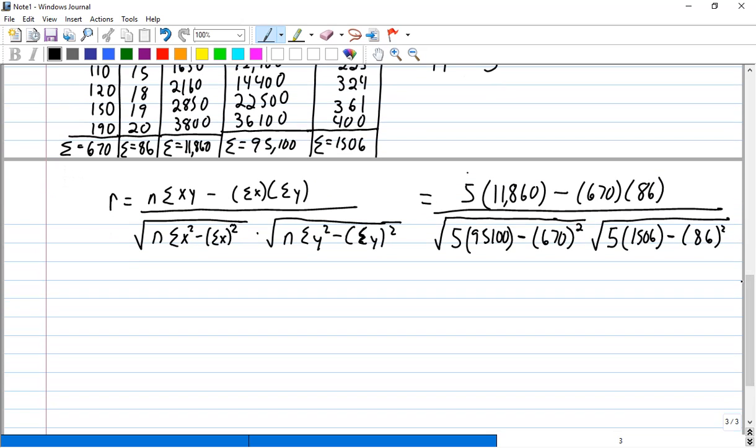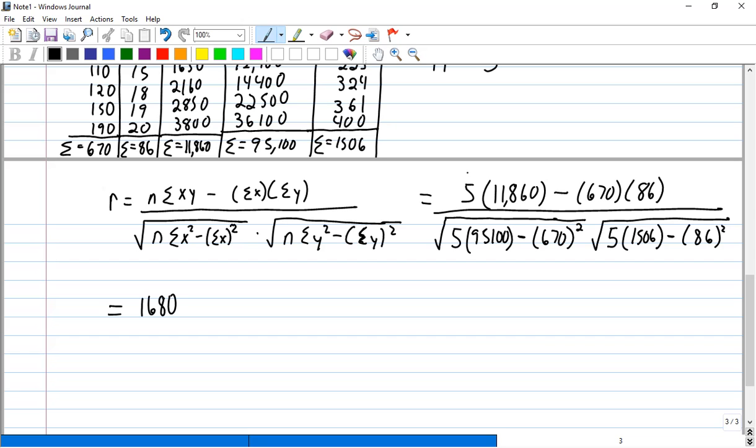Alright, so what I would suggest doing is, I wouldn't try to punch all this in at once. I'd work out the numerator and figure out what that number is and write it down. So that's what I'm going to do first. So make sure that you understand how to punch this in your calculator and you get the same answer as I do. Alright, so when I worked out the numerator, I got 1,680.